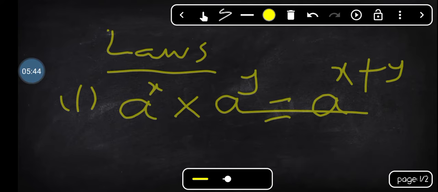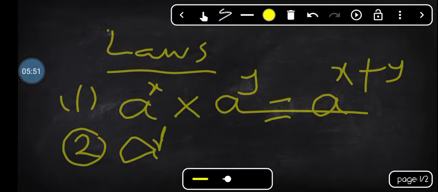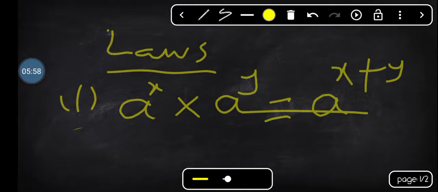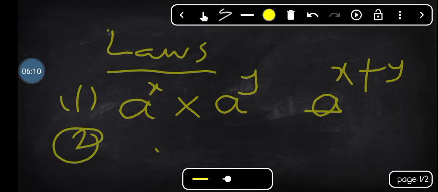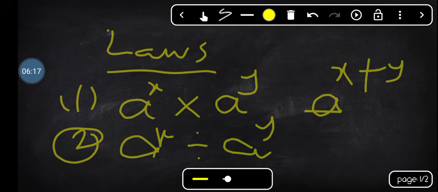If we look at the second law, you have a raised to power x divided by a raised to power y.